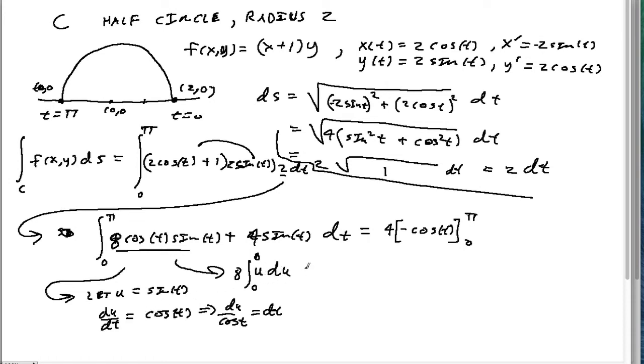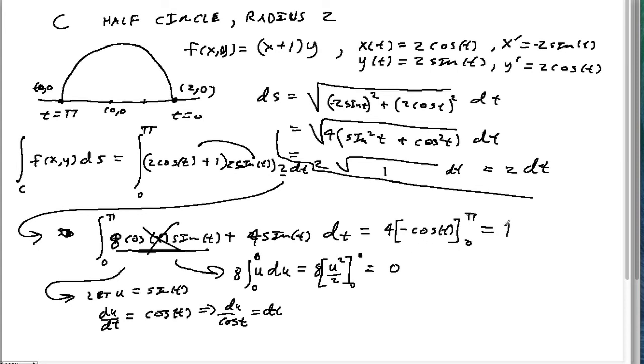Okay, so let's just compute this all the way through. Just to check, it should be 0, right? Because we have no interval over which we're integrating, so it becomes 8u squared over 2 evaluated from 0 to 0, and that becomes 0. All right, so that part of the integral goes away. We don't need to think about it anymore. All we're left with is here.